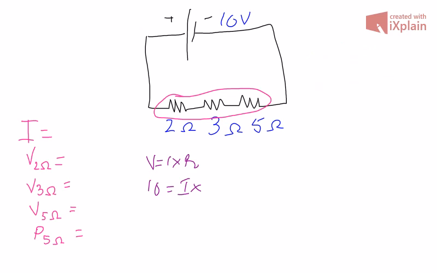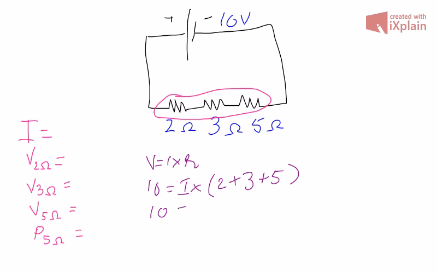Now let's go back again to our computation. Since we know these resistors are in series, the total resistance in the circuit is simply 2 ohms plus 3 ohms plus 5 ohms, which makes it 10 ohms.